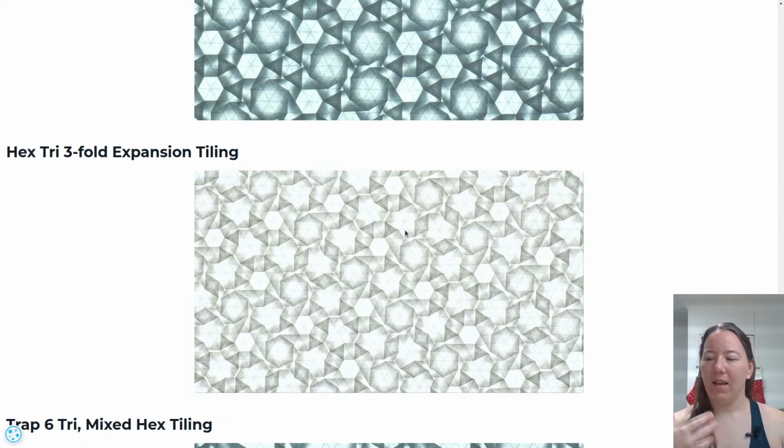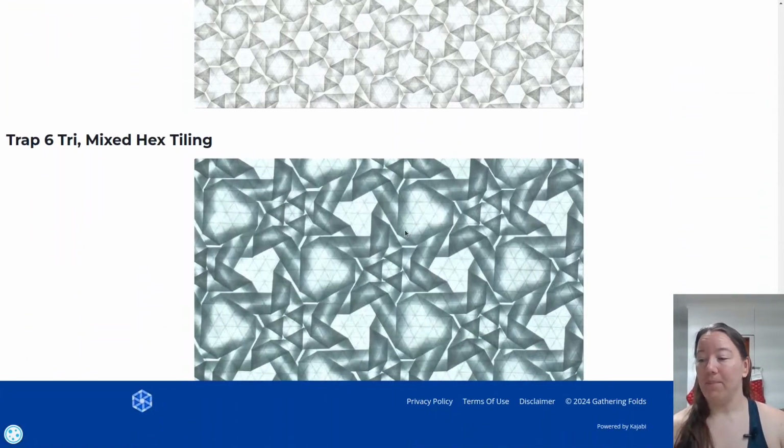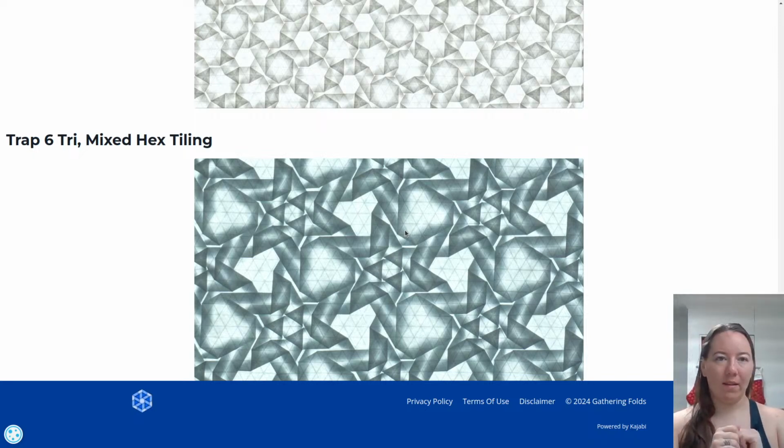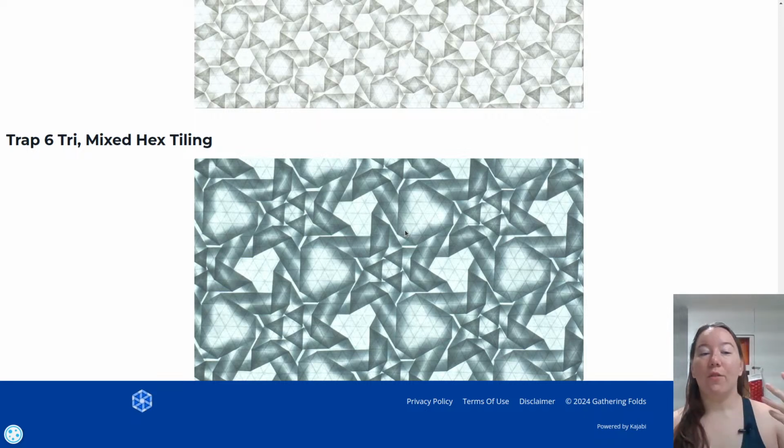This is letting me see where the choice points are in designing, where the symmetry points are going to be as I work my way around, so I can see, okay, these shapes are going to repeat like this because that's where the symmetry point needs to go. So that's my summary of what's in Tessellations by Tiles.